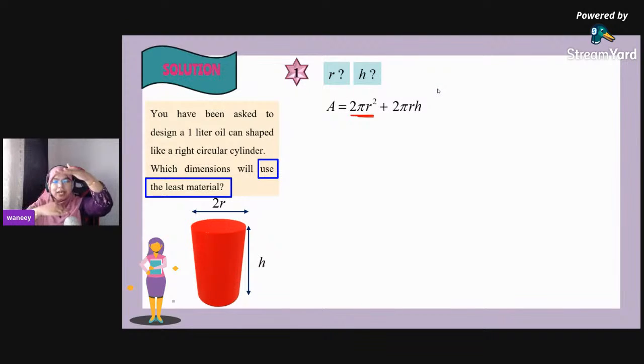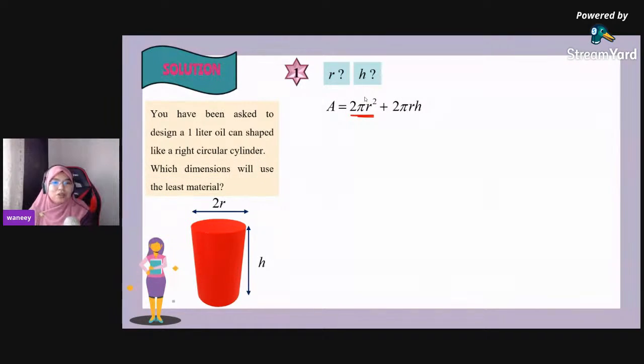This is also pi r squared. Since you need to close them, that is the reason why you have 2 pi r squared. If it says open, the cylinder is open, then it means you only have pi r squared. So if open, it means only the bottom, no need to put two. This one of course has to be closed, otherwise our oil will spill. So 2 pi r squared, close them.